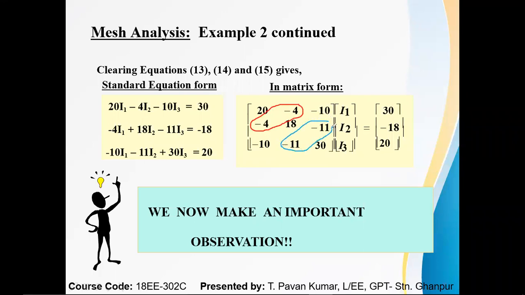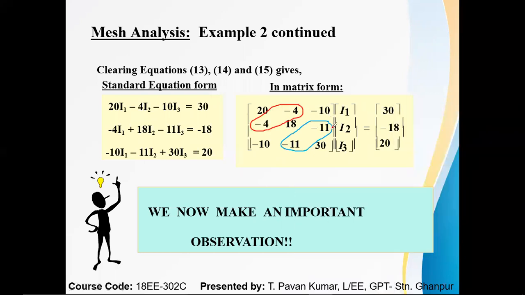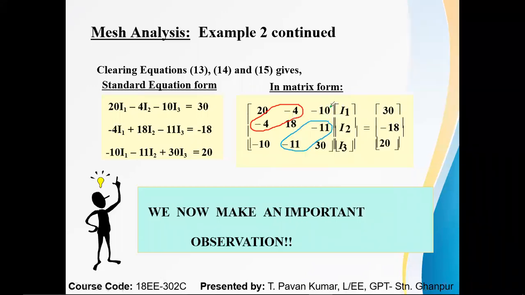These are the common. These two are common. So if you know the value of R12, indirectly you may write directly R21. The same is applicable for these highlighted marks. So this is the way of writing the equation directly in matrix form.